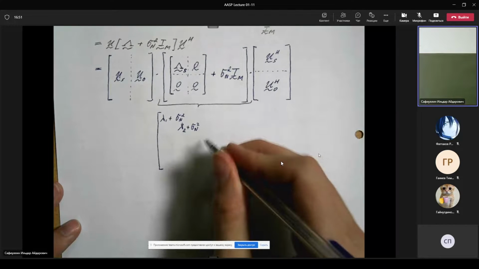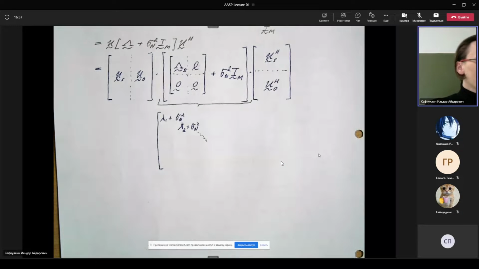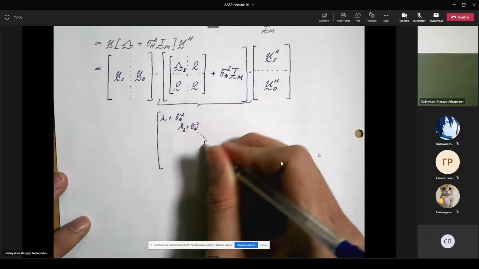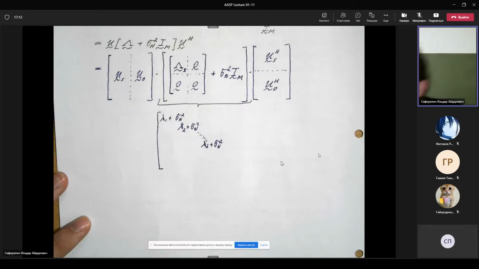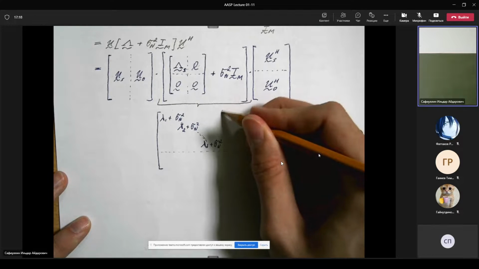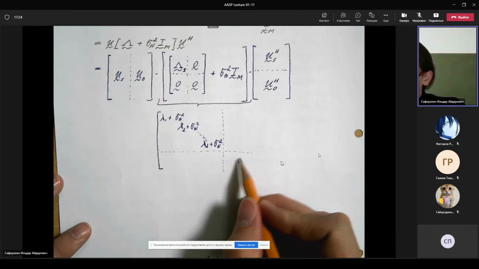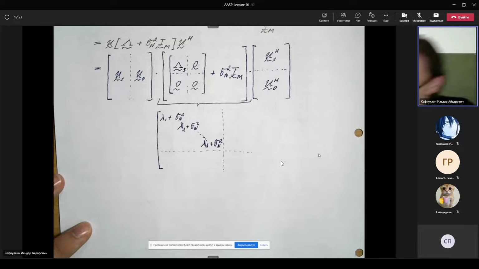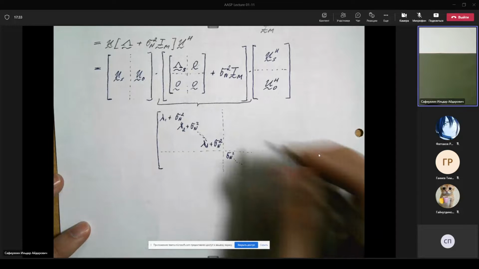And this goes up to the last signal value. Here we have d sources, so it is lambda d plus sigma n squared. So this is the first part. And here, before we had zeros, but now we'll have sigma n squared, and so on, and the last one sigma n squared.